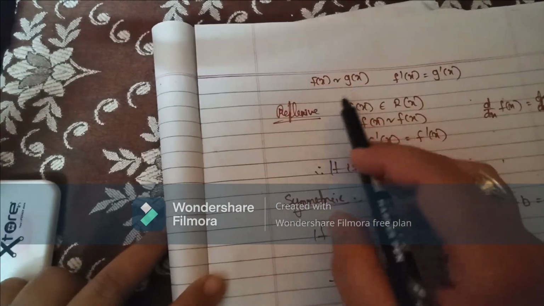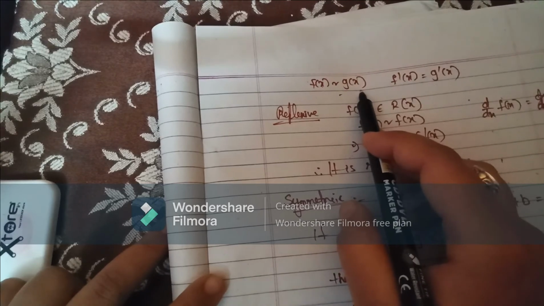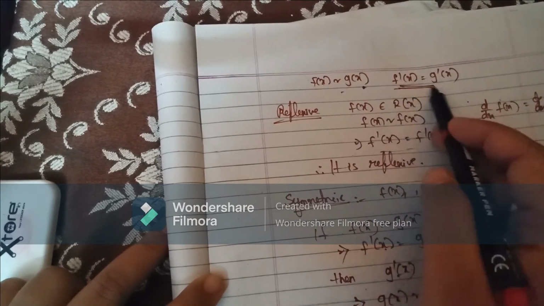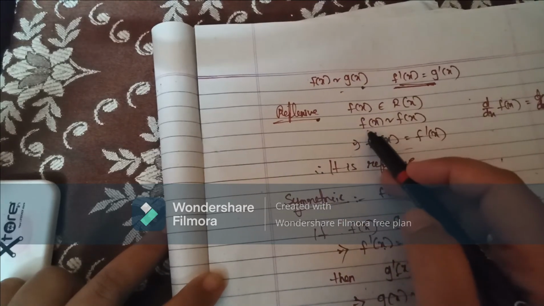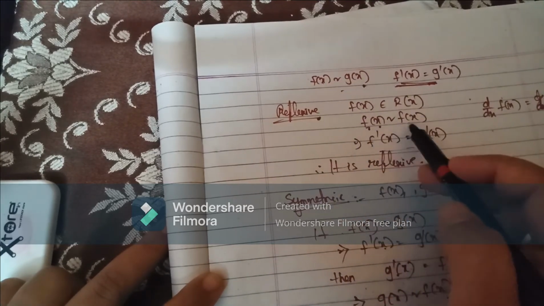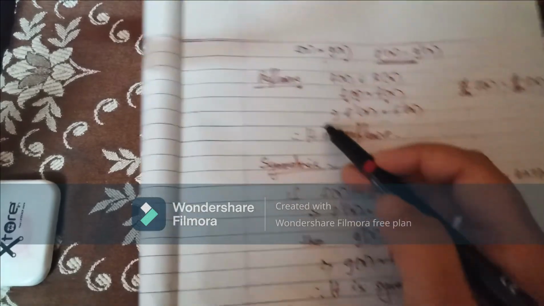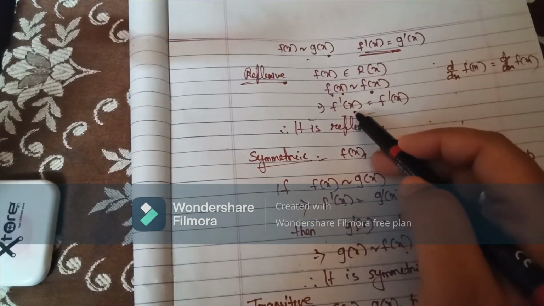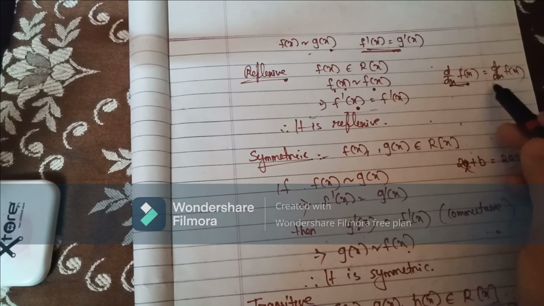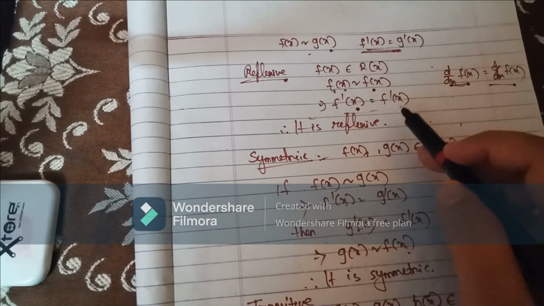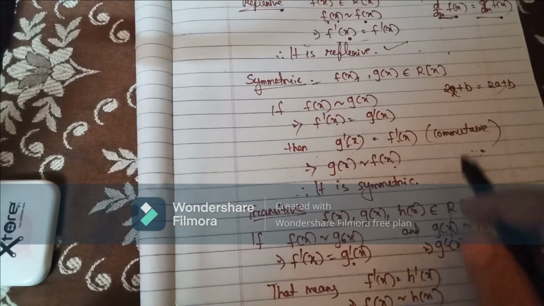So given is f(x) is related to g(x), where this is the relation given. To check reflexive, we have to take the same polynomial. So f(x) is related to f(x), that means the derivative of f(x) will obviously be equal to the derivative of f(x). That means this is reflexive. Now come to symmetric.